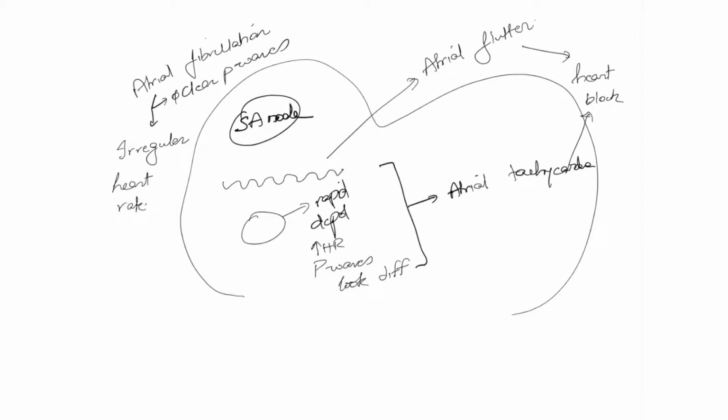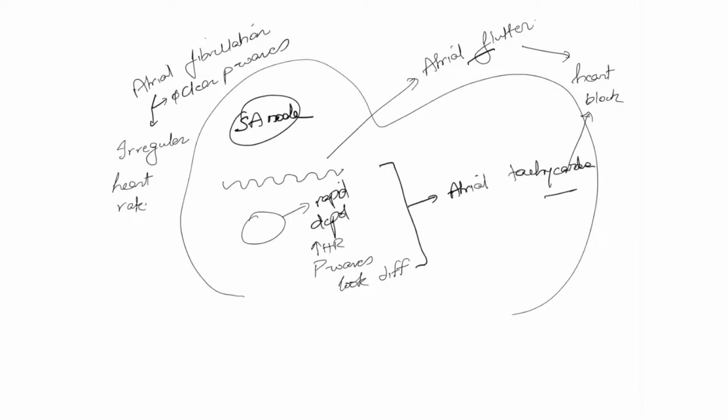Now, sometimes it might be challenging to differentiate atrial tachycardia from atrial flutter. One way to think about it is that atrial tachycardia is usually slower than atrial flutter, and flutter waves are pretty much always close to 300 and typically associated with a 2:1 heart block. So when you look at the QRS complexes, you would see about 150 QRS complexes a minute, and when you look at the flutter waves, you would see about 300 flutter waves.